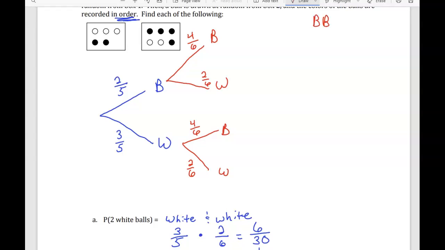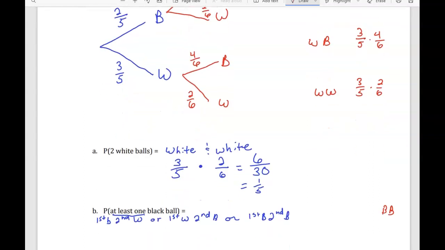That would be 2/5 times 4/6. I could get a black and then a white, which would be 2/5 times 2/6. I could get a white and then a black. That would be 3/5 times 4/6. Or I could get a white and a white, which is 3/5 times 2/6.